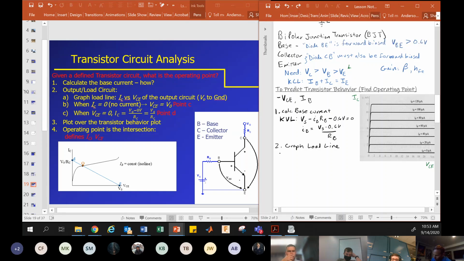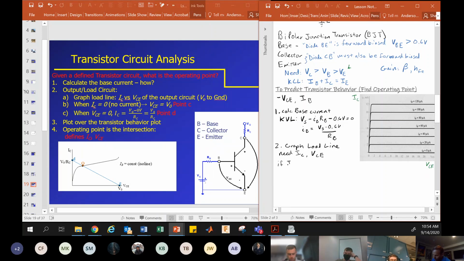So we need IC and VCE. Okay. So if we look at this plot again, look at the axis. So there's 0, the origin's right here is 0, 0. So we're going to do some logic here. So let's imagine that IC is 0.